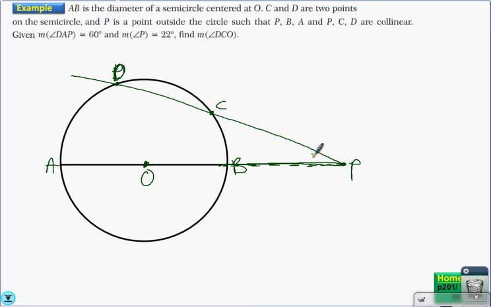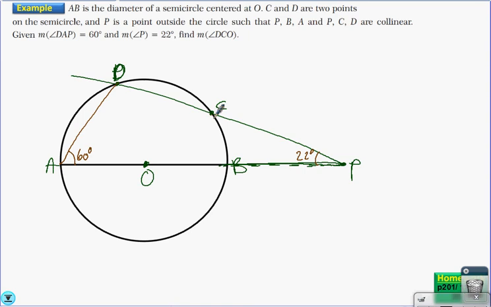Given that the measurement of angle D, A, P, if I add this one, the angle D, A, P should be 60 degrees, and the other one, the angle P, is the one in here. There is nothing else. 22 degrees, and we want to find the angle D, C, O.